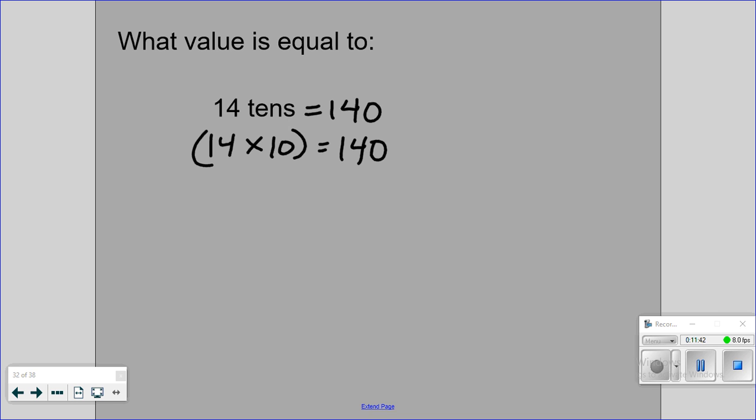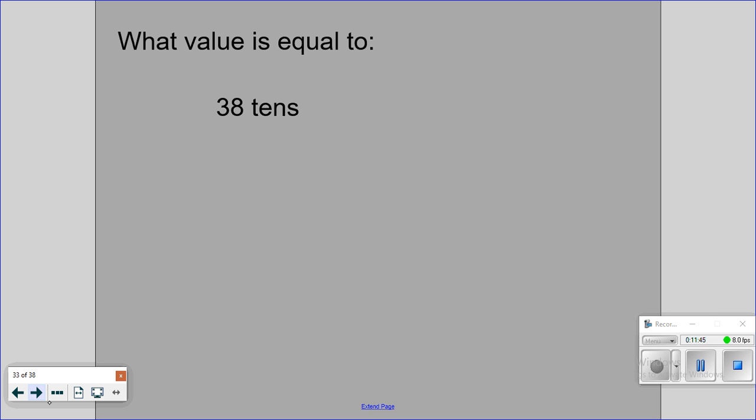Let's try another one. 38 10s. 38 10s is going to be worth. What value is also equal to 38 10s? Logan? 380.